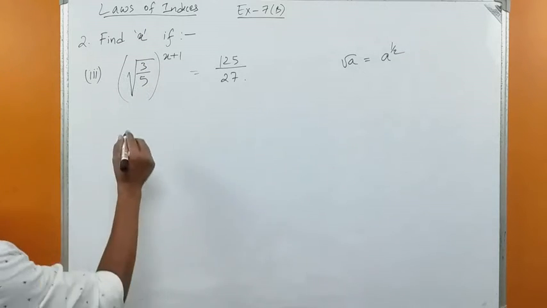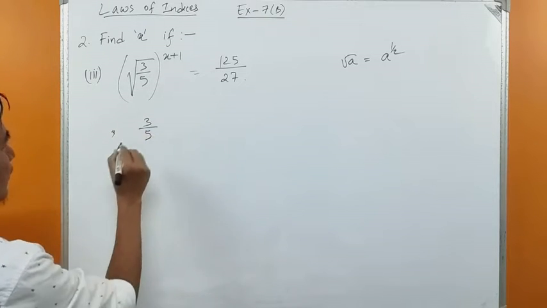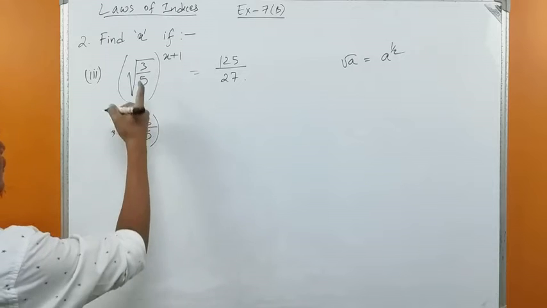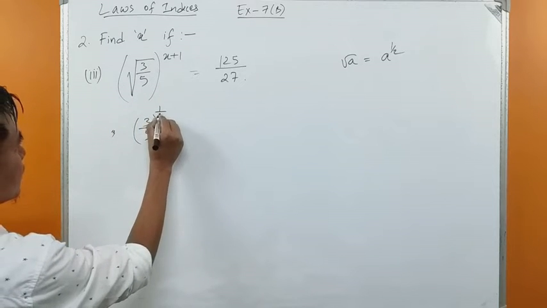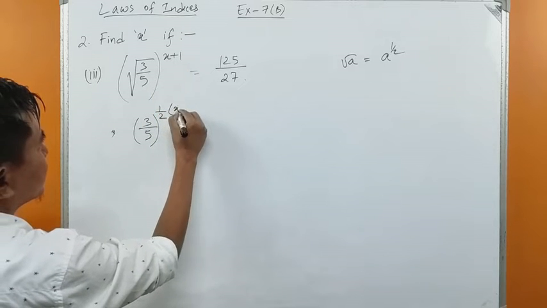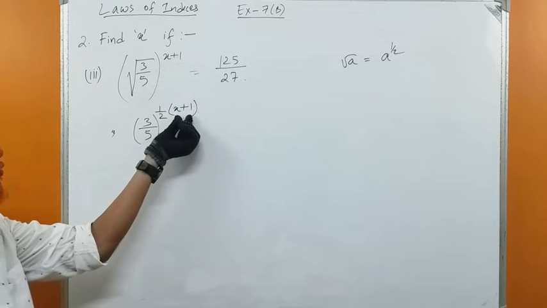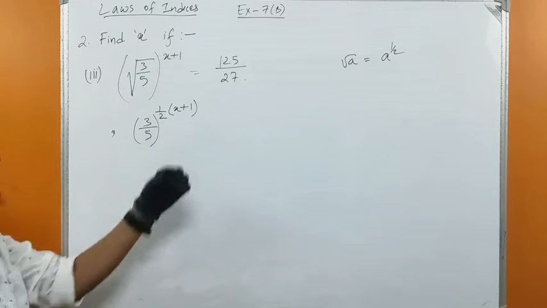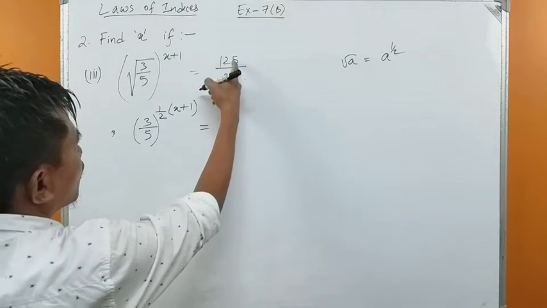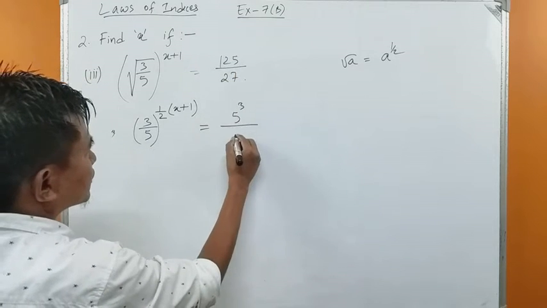So let us do that. 3 upon 5, into this root means 1 by 2, into we have x plus 1 already. The power of this number is x plus 1, so we should not forget this x plus 1, we write as it is. So equals to 125 means 5 cubed, isn't it? And 27 means 3 cubed.